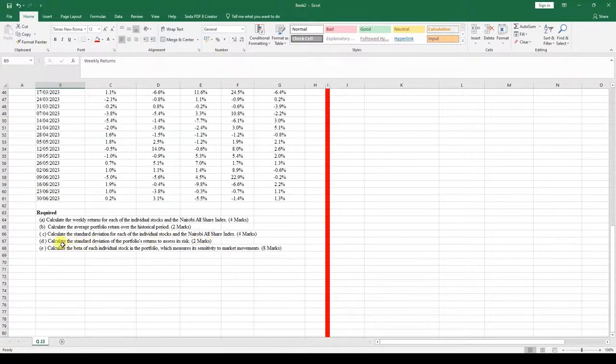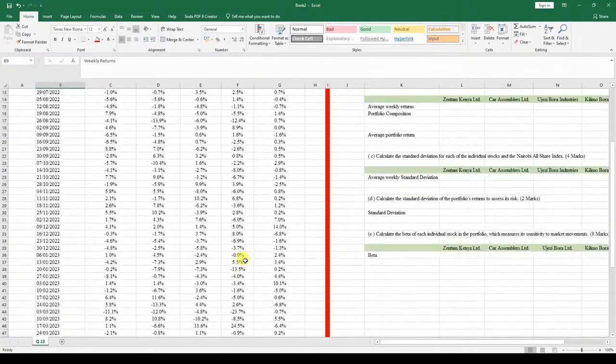Then you're told to calculate the standard deviation for the portfolio returns to assess its risk, and to calculate the beta of each individual stock of the portfolio, which measures its sensitivity to the market movements. And you can see this is a 20 marks question.